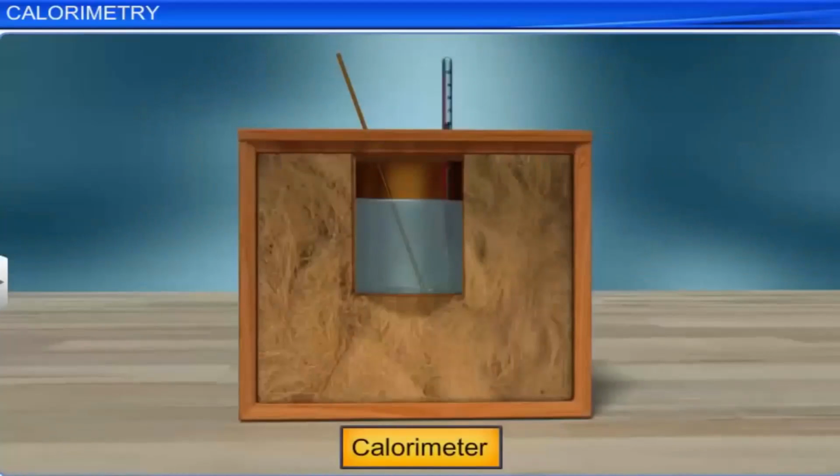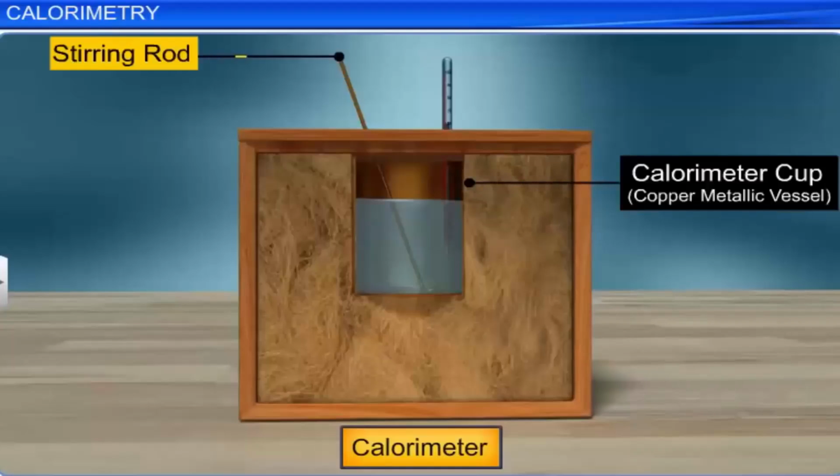In calorimetry experiments, a device known as a calorimeter is usually used to make heat measurements. A calorimeter consists of a small metallic vessel with a stirrer, and usually both are made of copper.